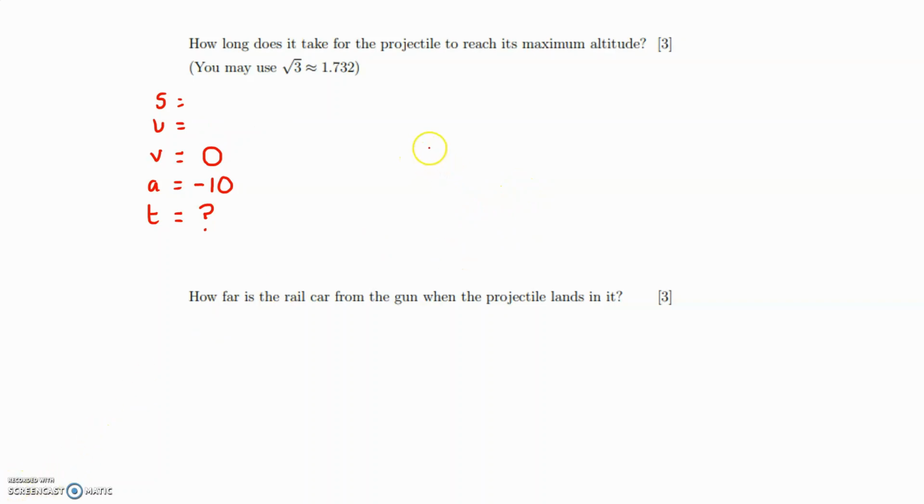So how do we work that out? Well, our projectile was launched at 200 meters per second, and we know from the previous question that the angle of launch from the horizontal was 60 degrees. Now we want to know the vertical component of that initial launch speed.